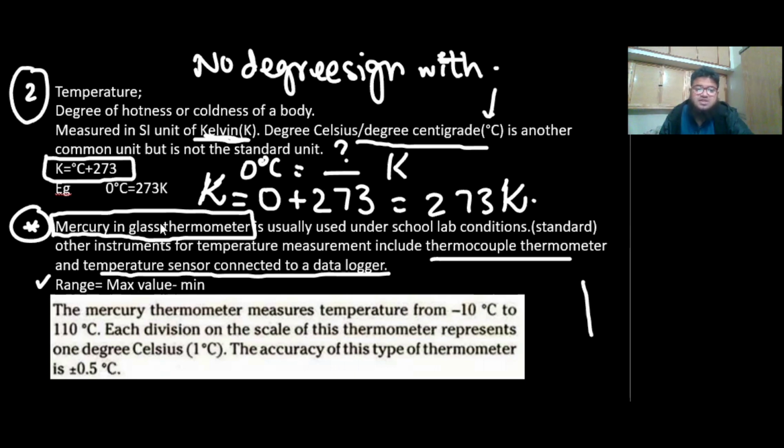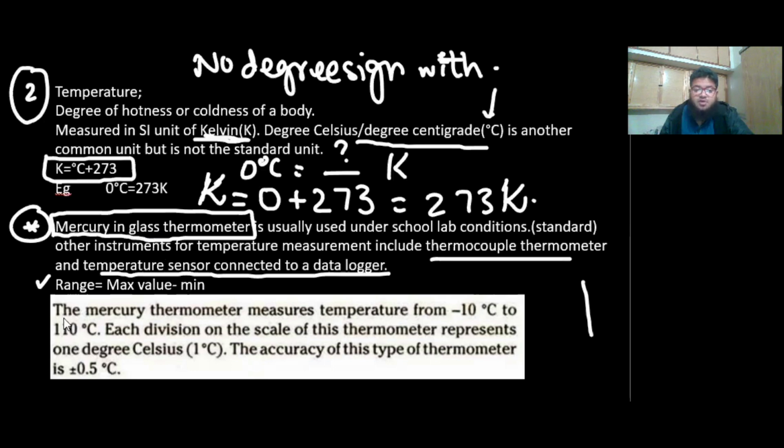For instance, if this is a mercury in glass thermometer and I want to find out its range, I'll need its maximum temperature that it is capable of recording, and also its minimum temperature that it is capable of recording, and then I'll just subtract them and find the difference, and that will give me the range.